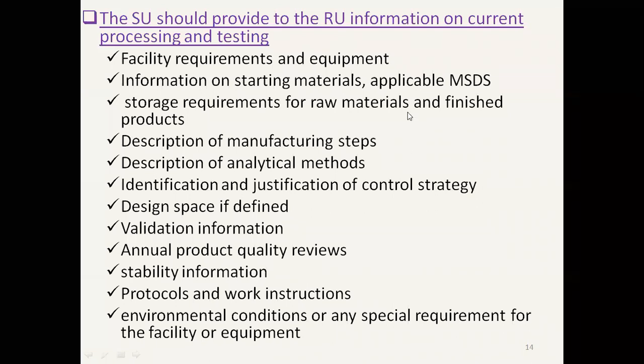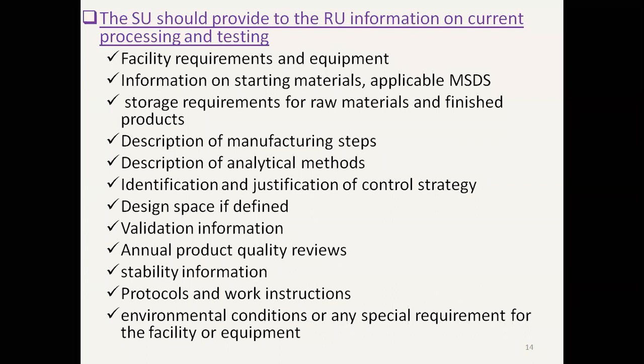Then the SU should provide to the RU information on current processing and testing units, including points like a detailed description of facility requirements and equipment, which facility they have and some requirements. Then information about the starting materials, which may be included in the MSDS, storage requirements, raw materials requirements, finished products requirements.